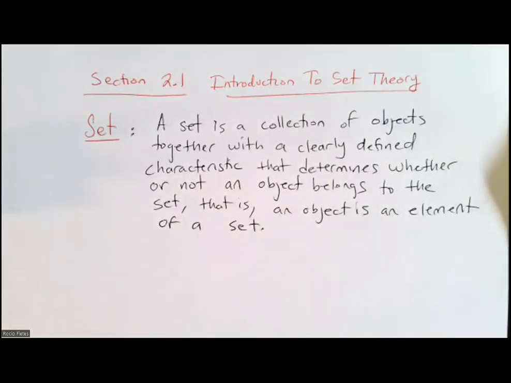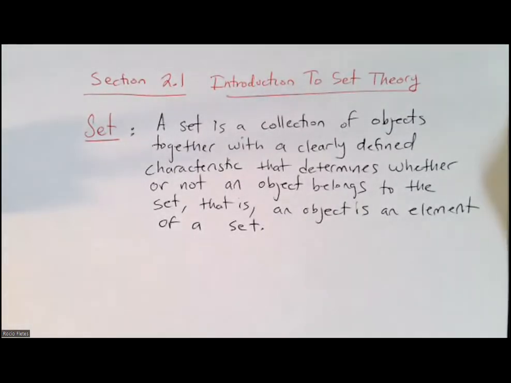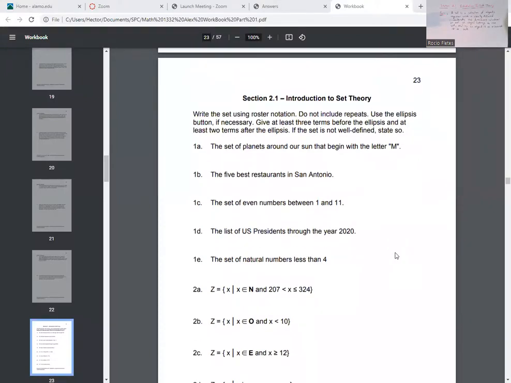Okay. Let me go ahead and share my screen here. One second, let me get to the right place. Go to the workbook, section 2.1. And so we're going to work some of these examples.